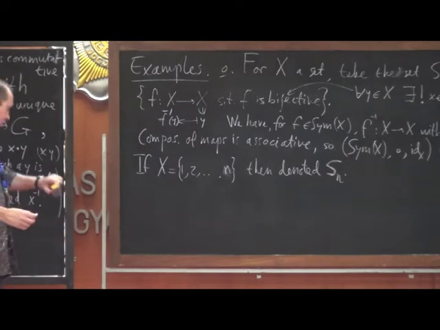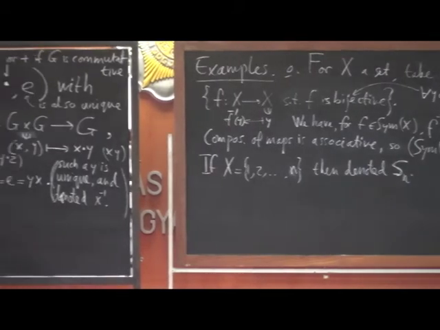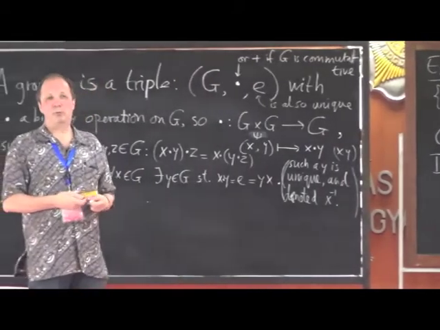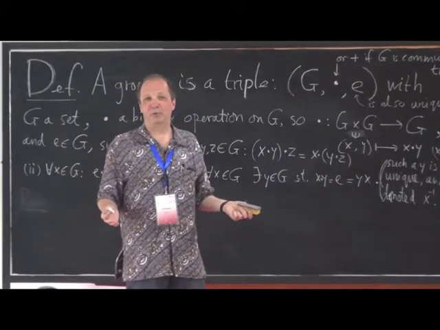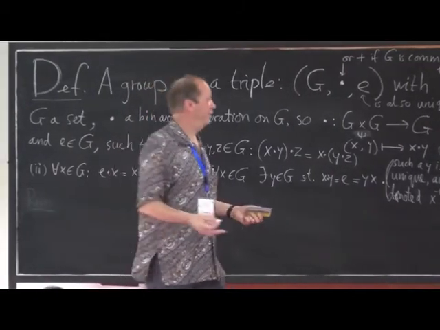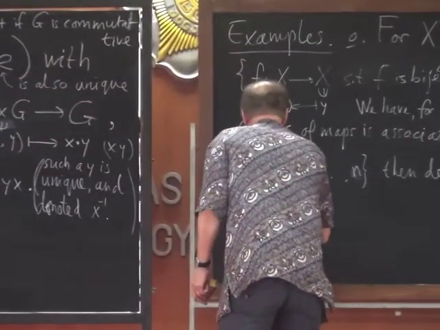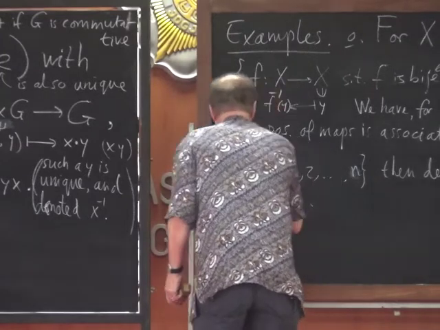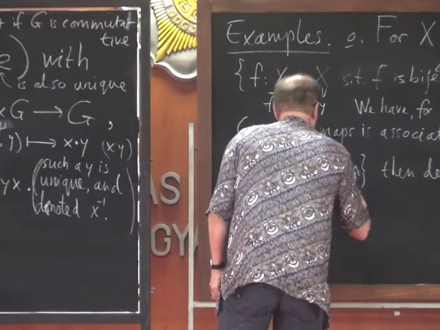There are many more examples. But maybe before I do more examples, we also want to know when two examples are the same, right? Take another set, like 0, 1, up to n minus 1.